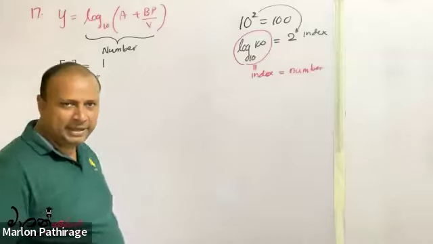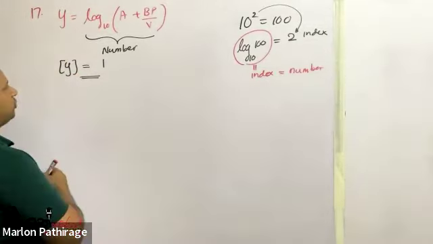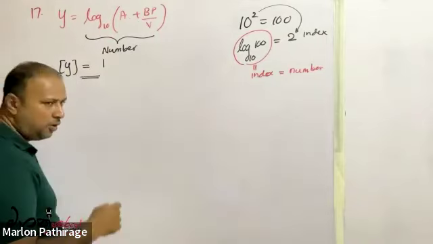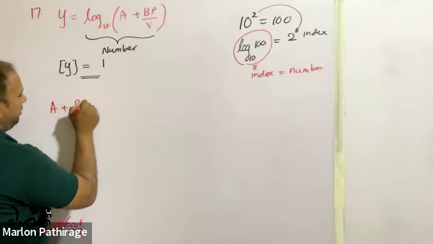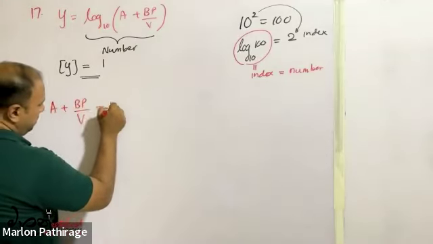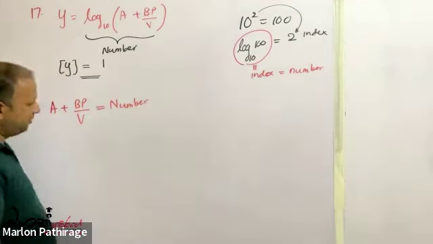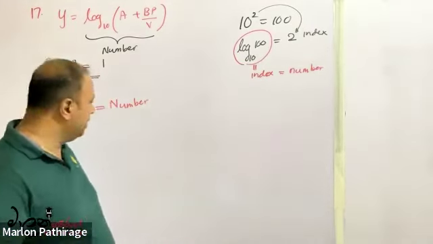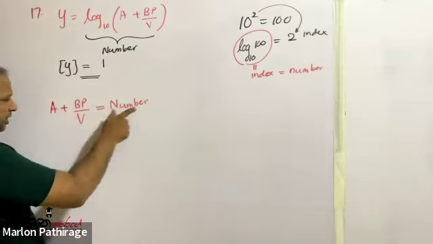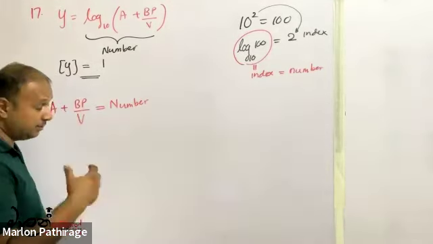Yes, sir. Now we can go to find A and B, Putha. Now it is very clear. The inside function is also a number. Inside function, that means A plus BP over V, that is also a number. Therefore, the dimension of each and every term in this equation should be equal.